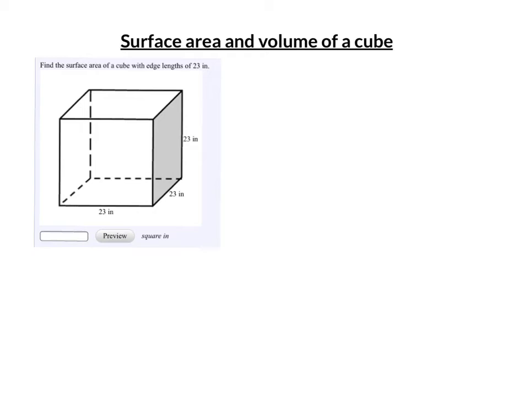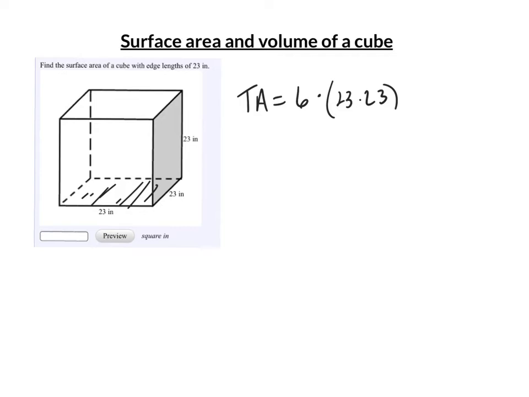So we would say that the total area of every face on this shape is, since they're all the same, 6 times the area of one of them. We'll use the base here across the bottom, which is 23 by 23. So the area of one of them is 23 times 23.